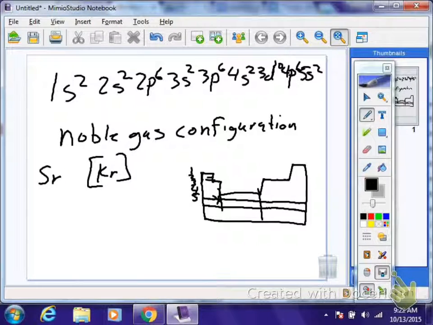That's where we're starting, because the krypton is right over here. So we're going to start at the 5s, so we'll go 5s2, and that's all we'll have to write for it. Is that easier?